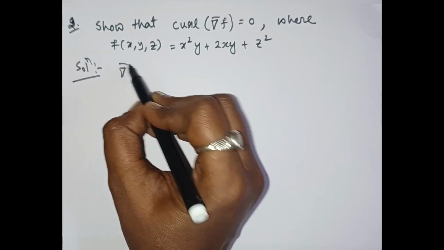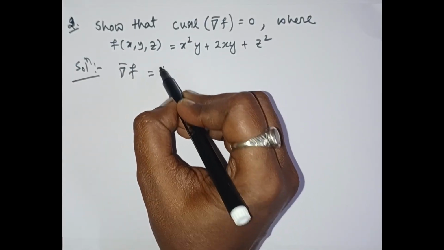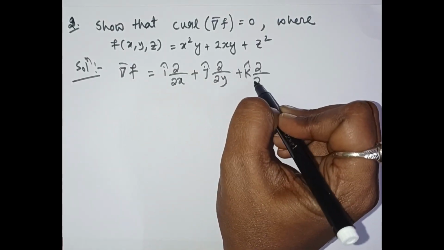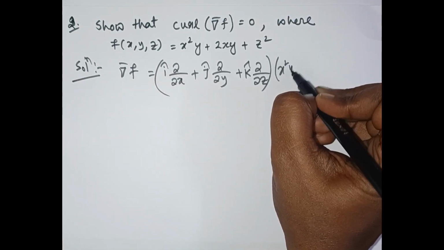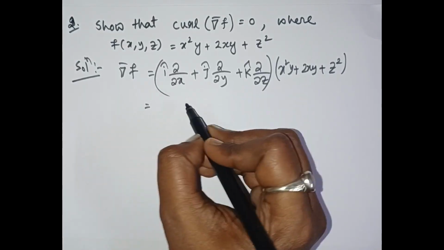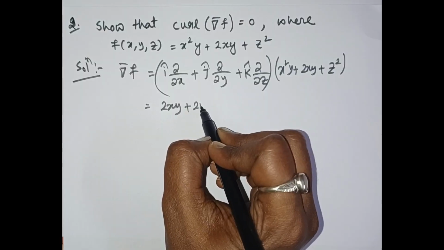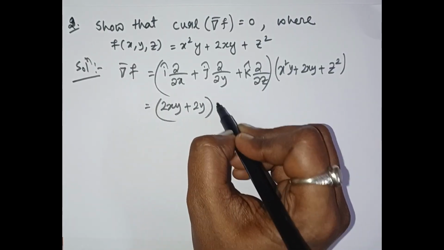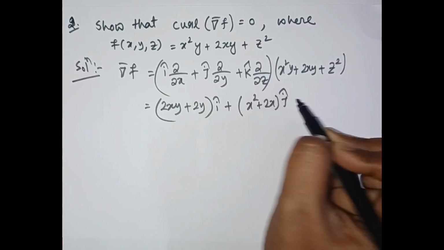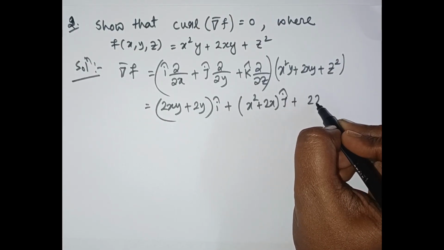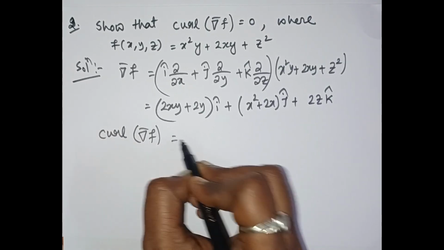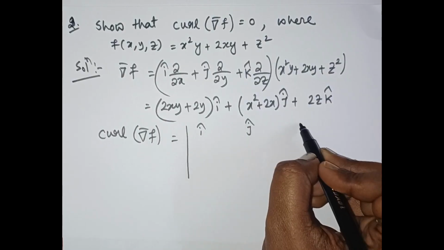We can find grad f, that is i del del x plus j del del y plus k del del z with x square y plus 2xy plus z square, and if you differentiate with respect to x, then 2xy plus 2y with i cap, plus if you differentiate with respect to y, then x square plus 2x j cap, plus 2z k cap.